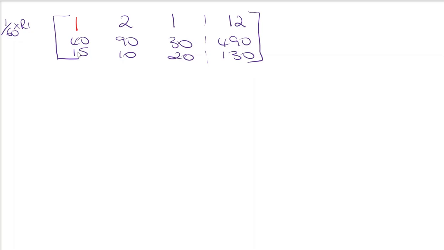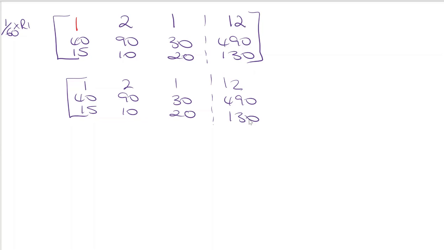So here is our matrix. So we're going to use this matrix now, and we're going to look at changing this 40. So I'm going to rewrite again. So 1, 40, 15, 2, 90, 10, 1, 30, 20, 12, 4, 90, 130. And this time I'm looking at row 2, and I need to change this 40. So what I can do is multiply row 1 by minus 40, and then I can add this to row 2.